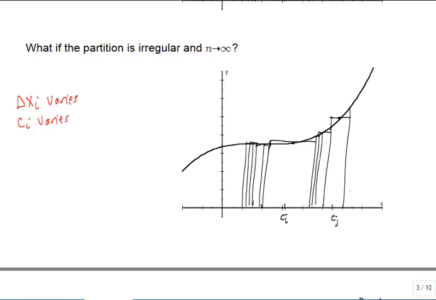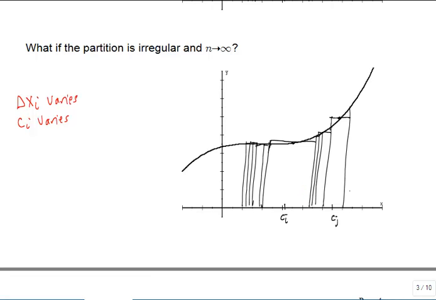So the really, really small ones would do an excellent job of approximating that exact area, but you'd get a lot of error from those really big ones. So we're going to need to make a restriction and require that if we're going to have a Riemann sum where the rectangles vary and the inputs vary, we need to make sure that we don't get stuck with a really large rectangle, which is going to cause some inaccuracies.